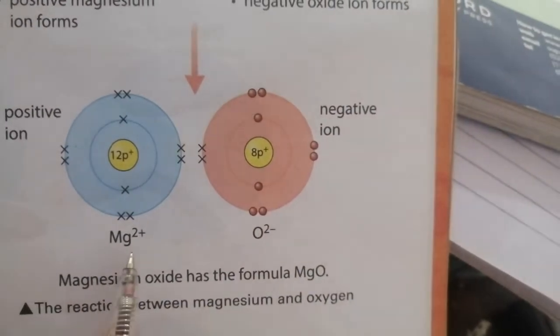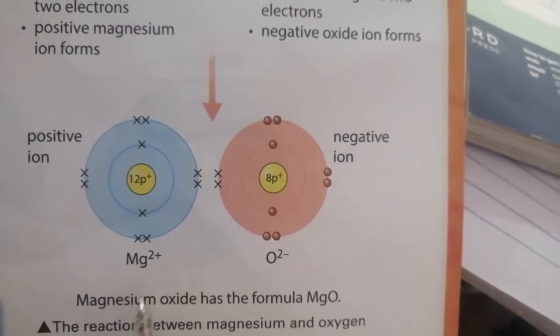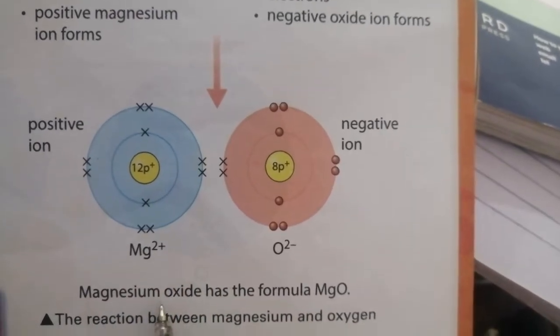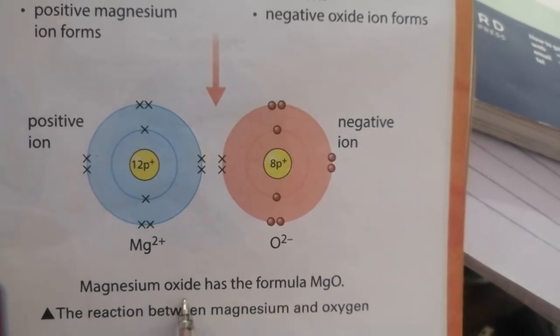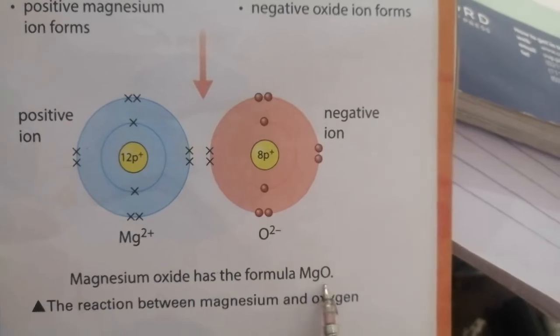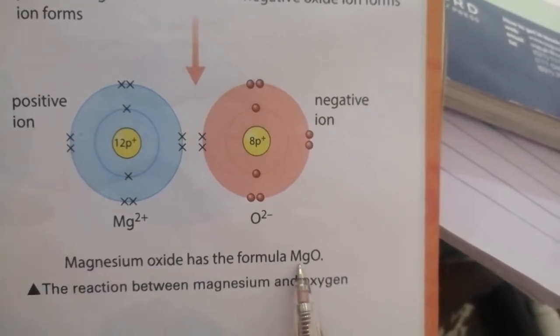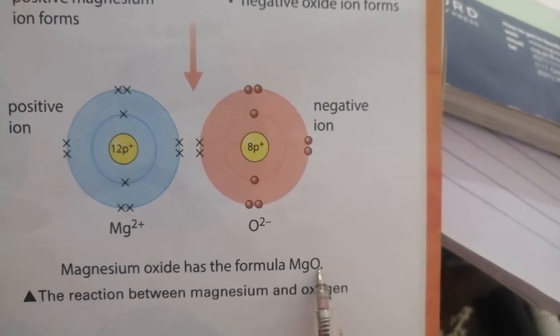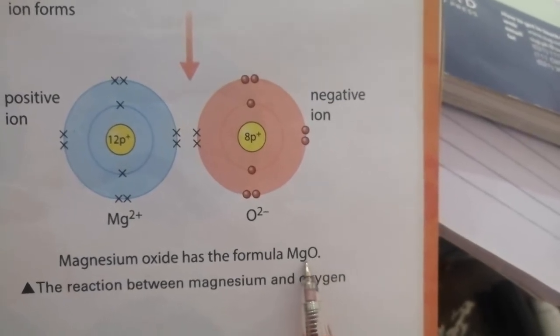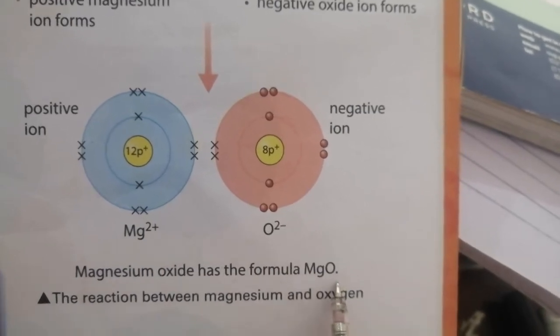So by losing and gaining, they acquire charges, and the final product formed is called magnesium oxide, which has the formula MgO. It represents that 2 electrons are lost from the magnesium atom and oxygen gains those 2 electrons in order to make this ionic compound called magnesium oxide.